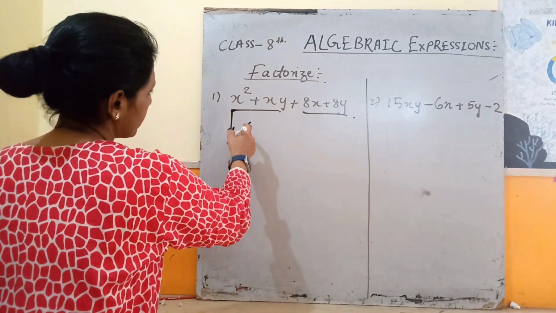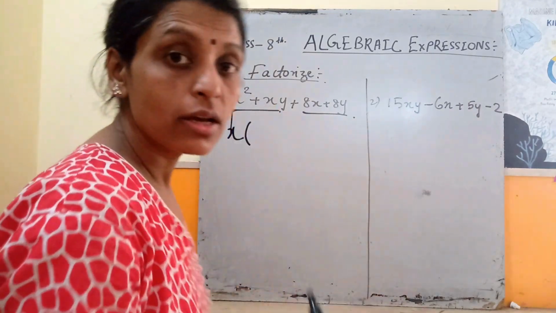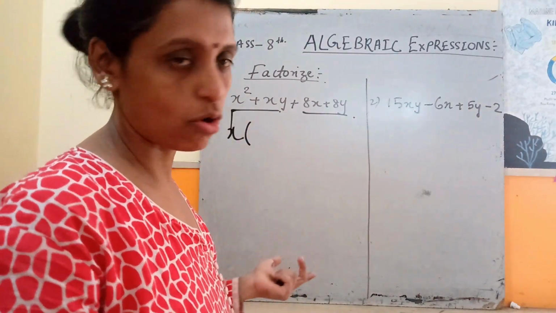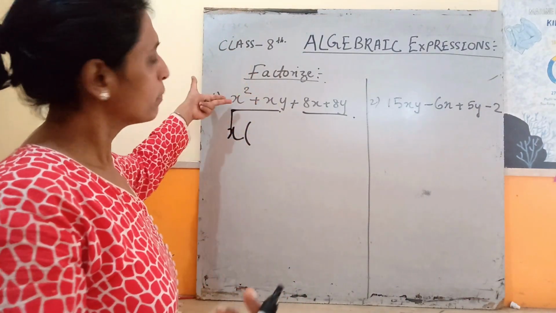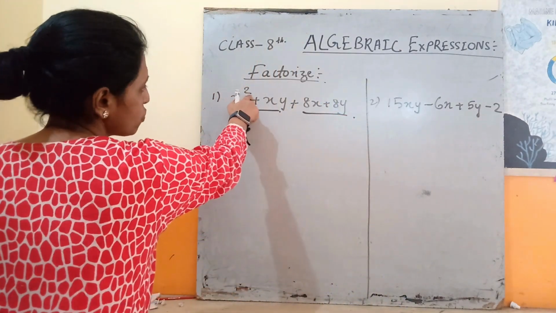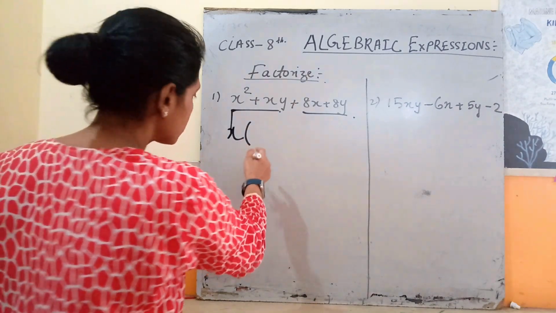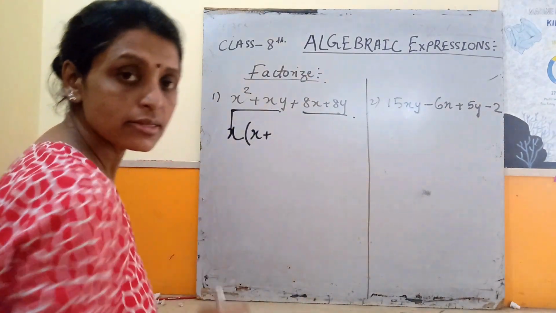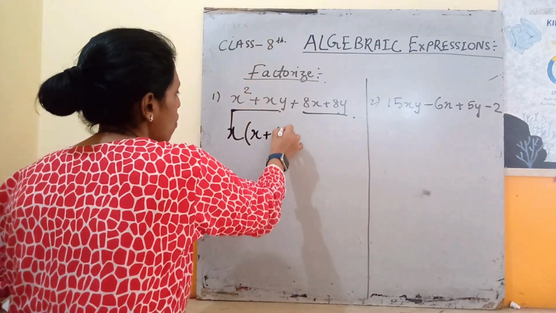In the bracket, y cannot be taken as common because the first term doesn't have y. Common means present in both the terms. Out of x square we have taken one x, so we are left with x, plus, since x has been taken as common, we are left with y.